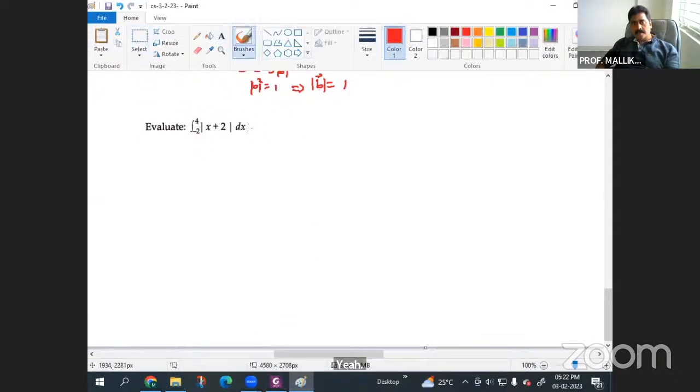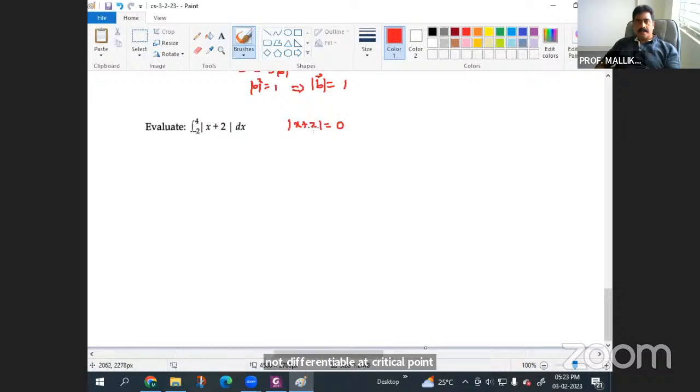Evaluate the integral from minus 2 to 4 of mod of x plus 2 dx. How to do? Whenever a modulus question is given, that modulus part we have to equate to 0. x plus 2 equal to 0, because this modulus function is not differentiable at the critical point.